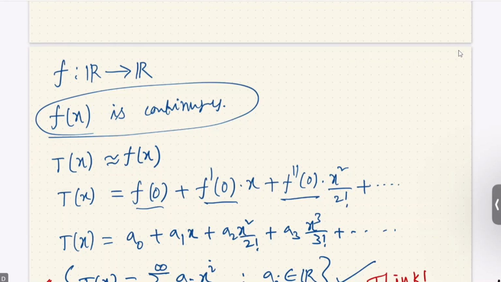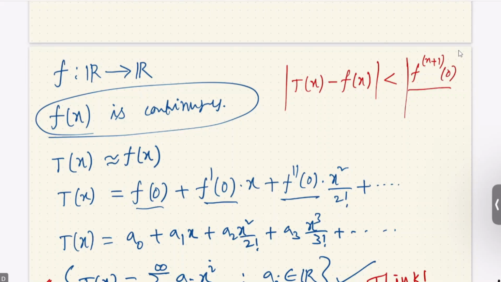Okay, so Taylor theorem, I think you know it. Taylor theorem says that if you have the Taylor series T of x minus f of x, the error is always bounded by something called modulus of f of n plus 1 of 0 by n plus 1 factorial.